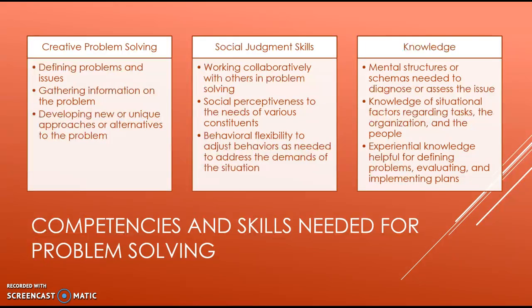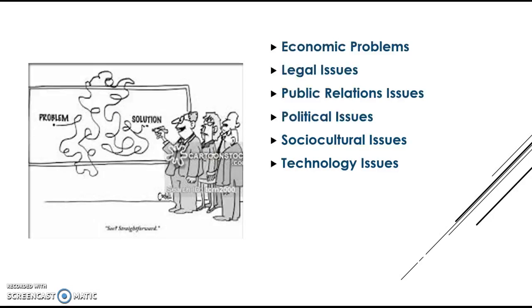What are the behaviors that play into that? And then the third box: there's some knowledge that needs to be understood, some sort of expertise, some ability to understand the organization and the people, and then take that knowledge and help solve a problem.